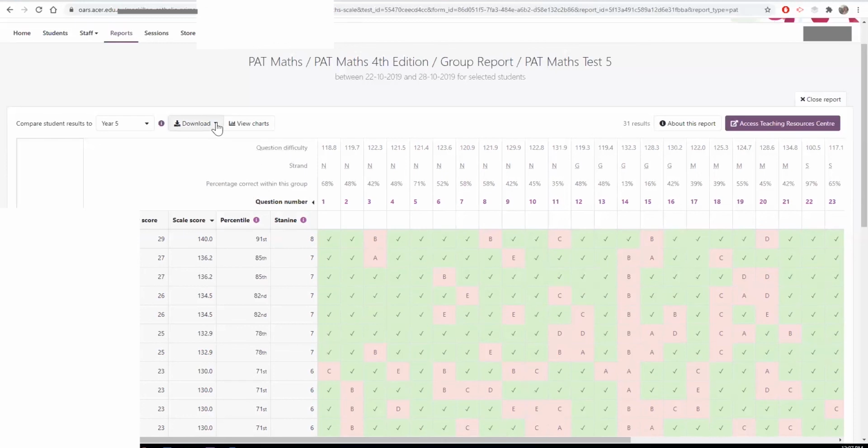Now, you can download this onto an Excel file. You can get your individual student reports, but the Excel file is really handy if you want to do a Guttman analysis. And I'll talk about that in the next session. But I find that really handy, and especially if you want to download this sort of information into your own mark books.